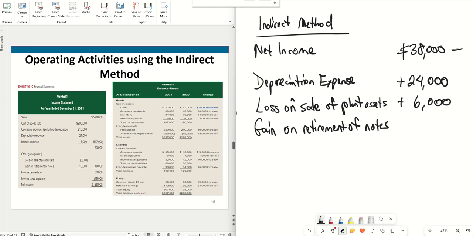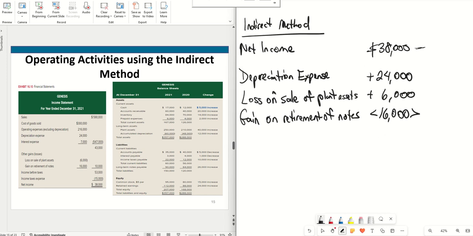Well, that gain did affect the net income amount of $38,000, so it increased that amount. But this is a non-cash item. A gain on retirement of notes, that's non-cash. It didn't affect cash. Since it did increase the net income but didn't affect cash, we're going to have to subtract 16,000 from net income to get to the true cash balance.